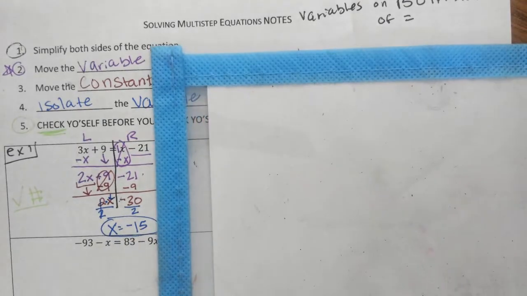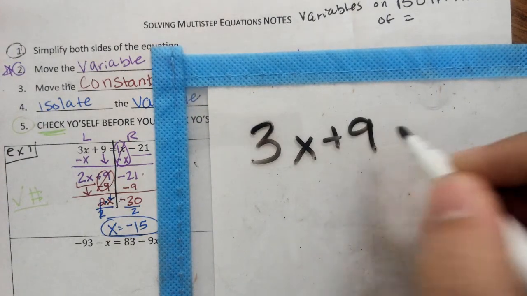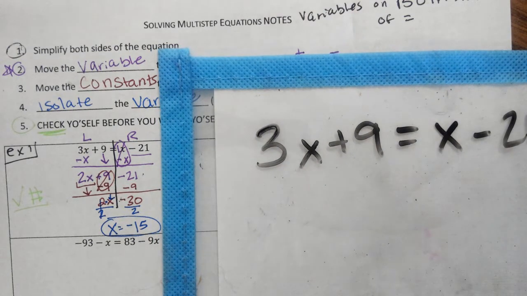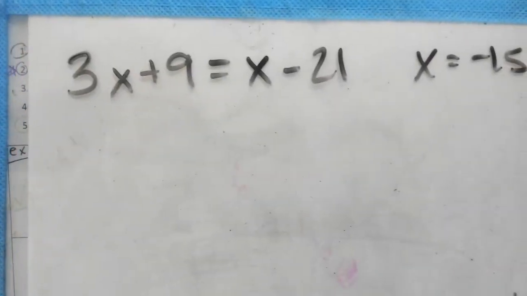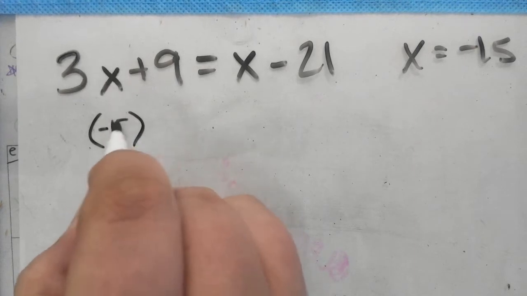So I have my whiteboard, and I'm rewriting the equation 3x plus 9 equals x minus 21. And we think x is negative 15. Okay. So instead of x, we're writing negative 15.